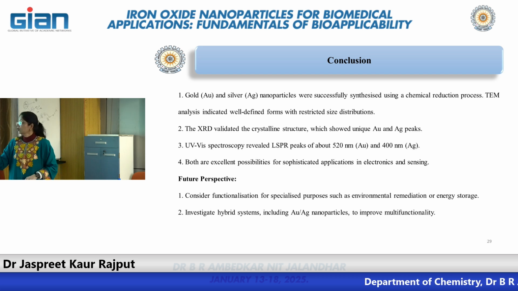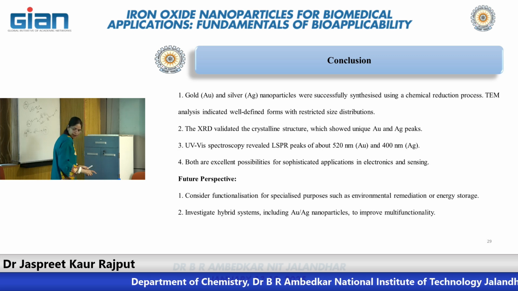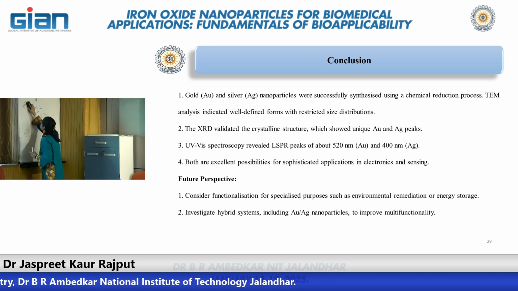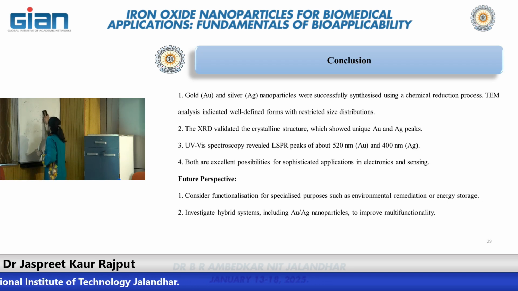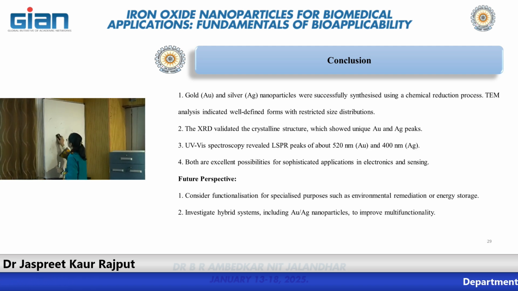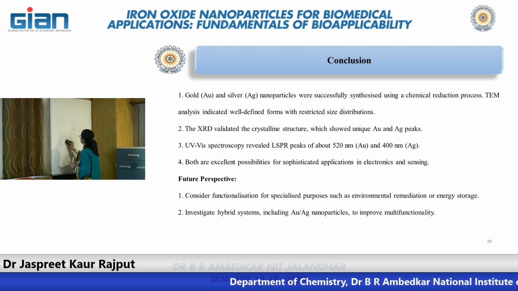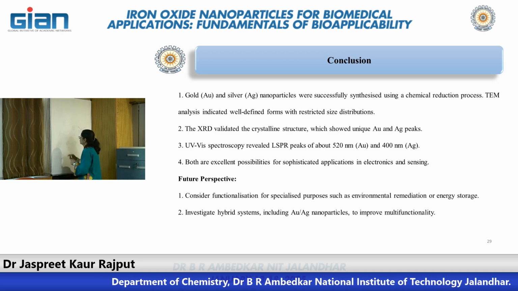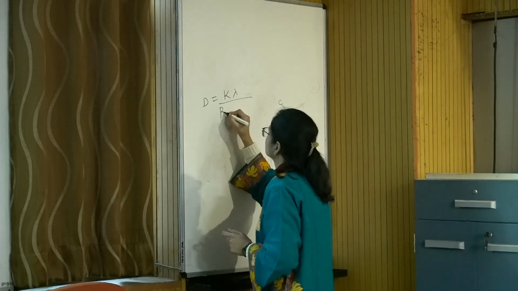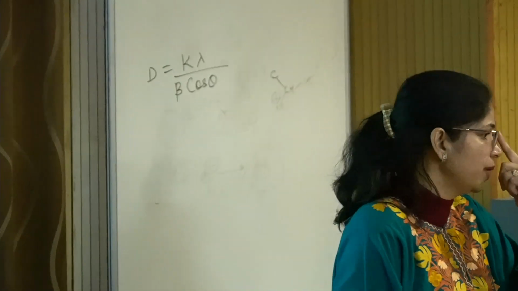So yes, you can find out the size from the XRD plot also. In case of the XRD, there is the Debye-Scherrer equation. You can find out the size through the Debye-Scherrer equation.